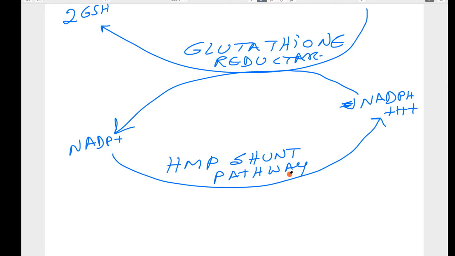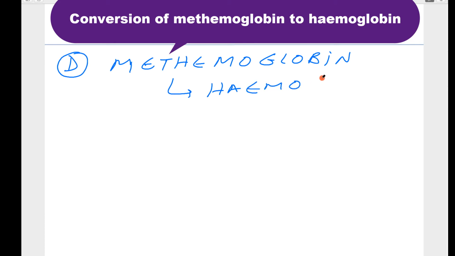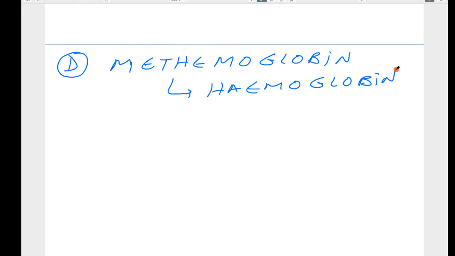Let us see in the next one. It is about methemoglobin to hemoglobin. The HMP shunt pathway is indirectly required through supplying NADPH. In hemoglobin, iron is in the ferrous state.